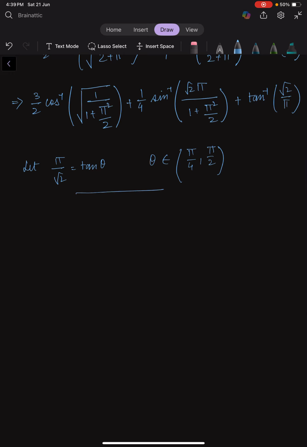This is very clear, right? So when tan theta is equal to this, theta can only have principal values within pi by 4 to pi by 2.